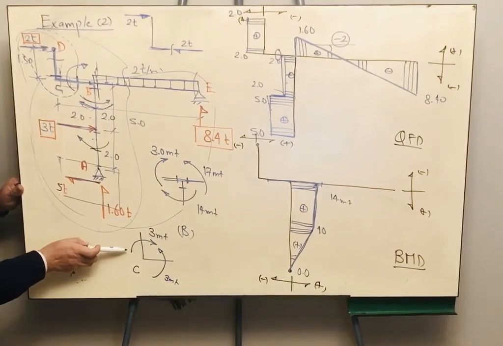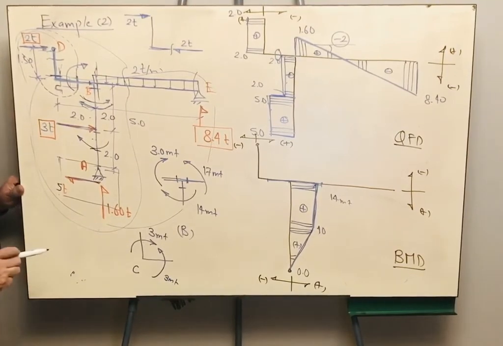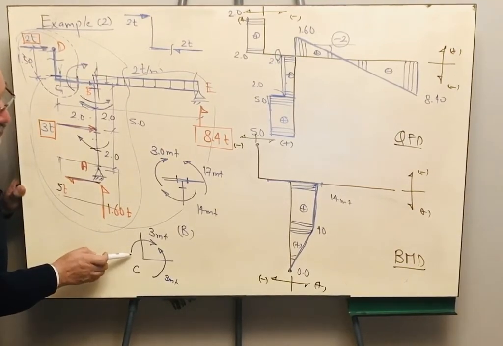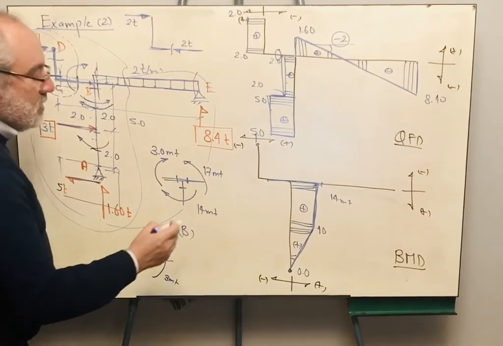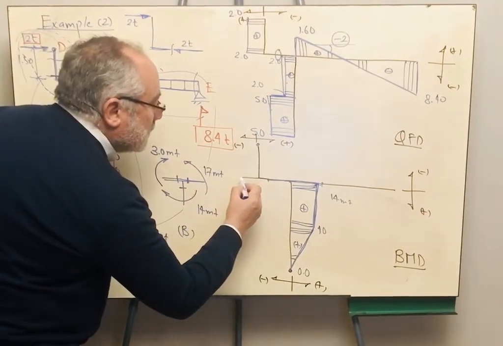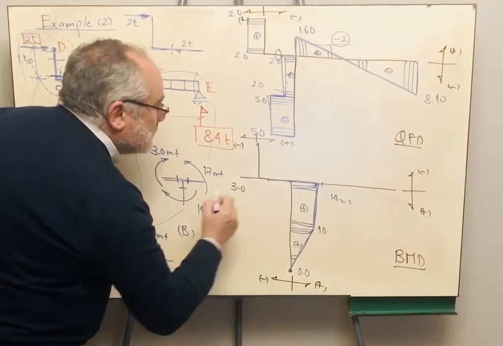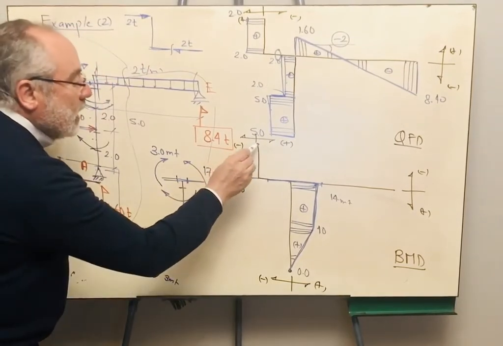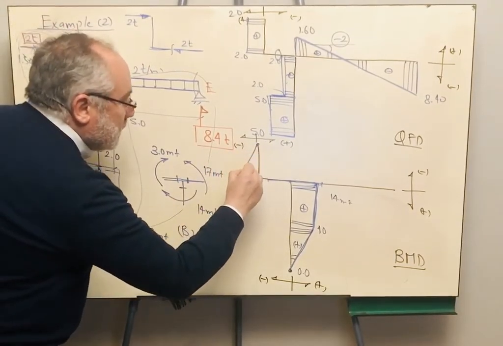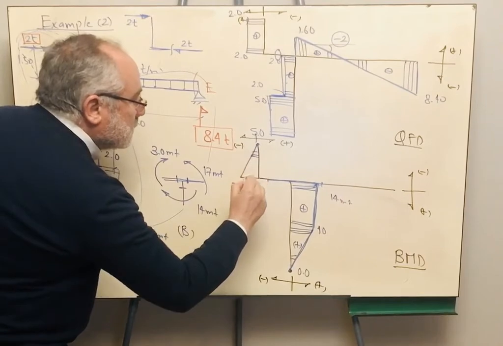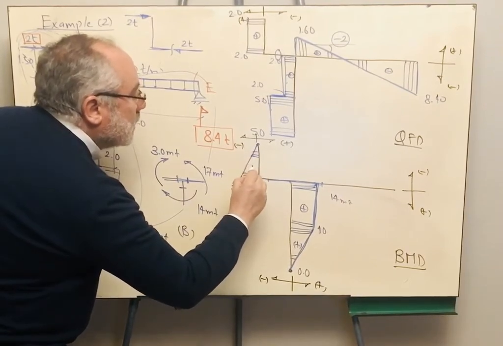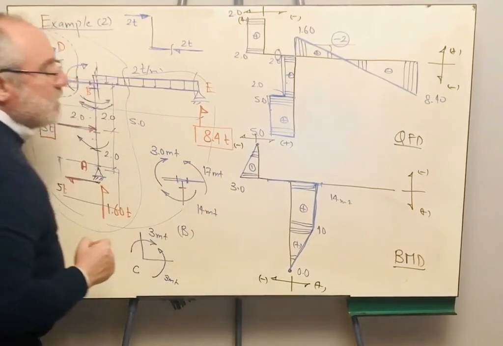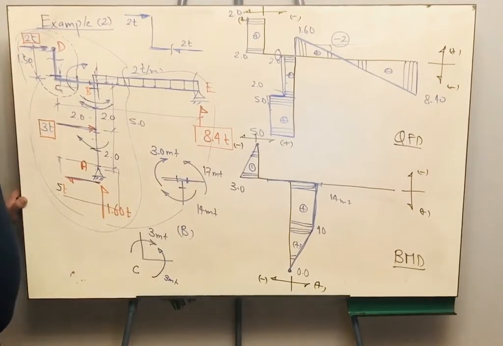Therefore, where should I draw the bending moment on the part CD? It should be drawn on the left hand side. Here I am having, this is 3 meter ton. How do I connect the 0 and the 3? By a straight line like that. And this will be classified as negative because it is drawn above the datum.